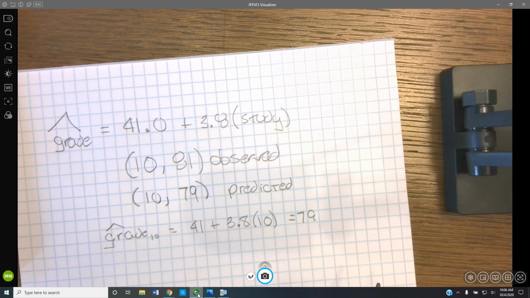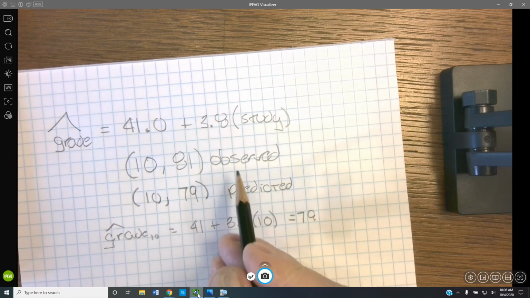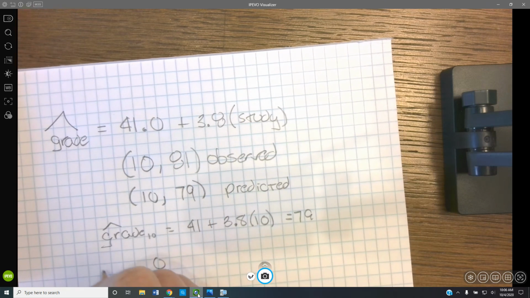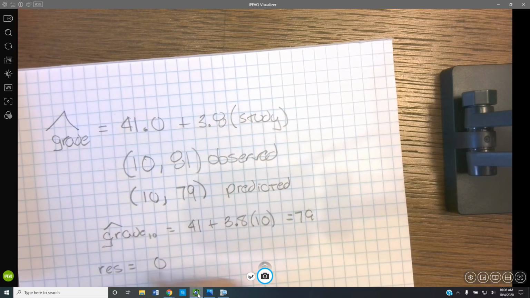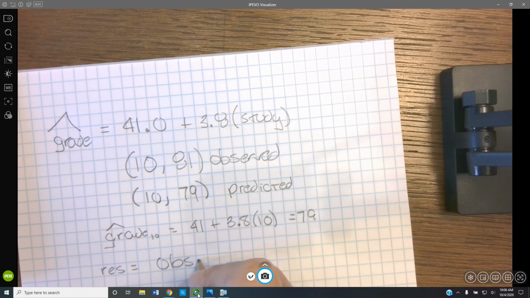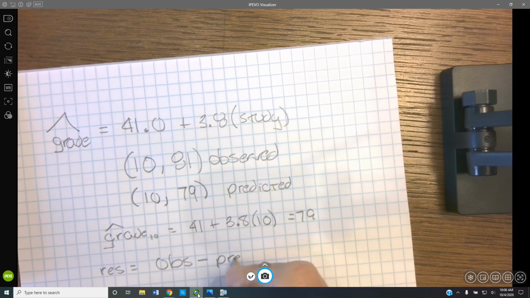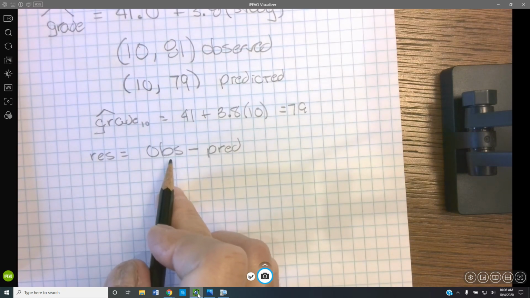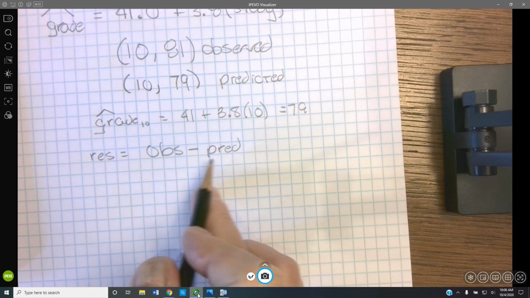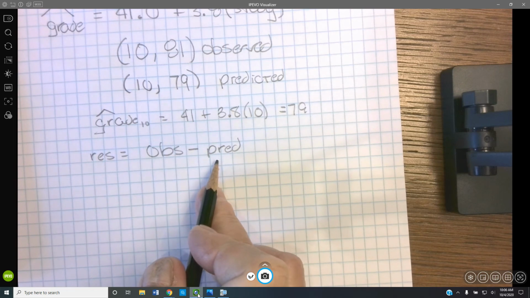Now, remember what we want to do here is look at the residual. The residual is always the observed take away the prediction. It's always what you actually have for data, take away what you think you have for data.